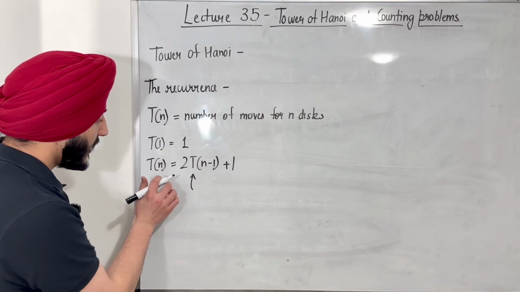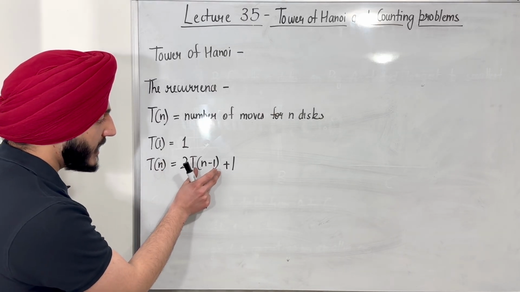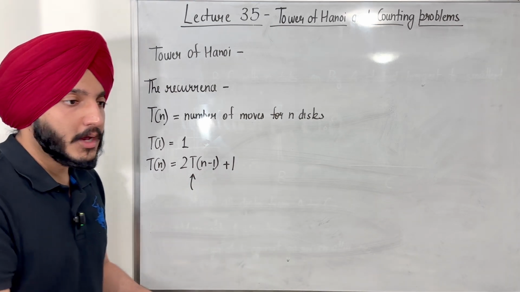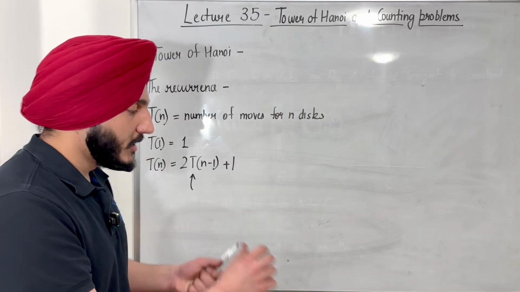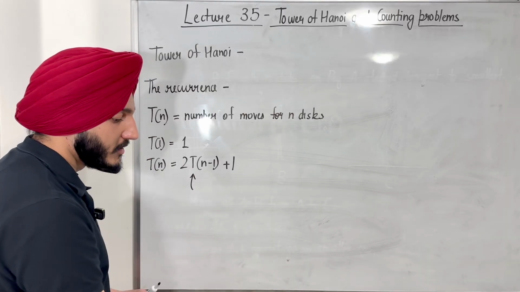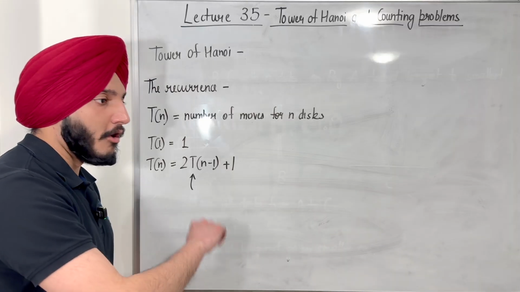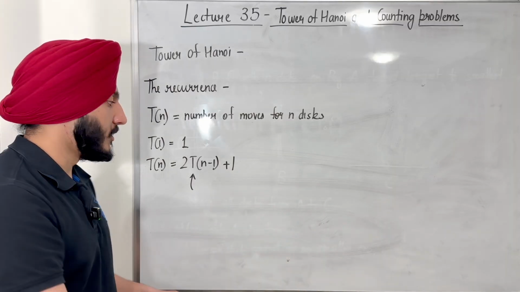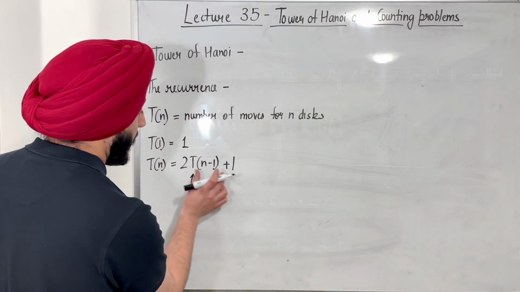For T(n), if I need to move n disks, I need to move the n minus 1 disks 2 times, right? Because if you looked at the animation, you move the n minus 1 disks once, then you move the one at the very bottom to the final peg C, and then you need to move all the disks back again to the final one. So it gives you T(n) equals 2 times T(n minus 1) plus 1.